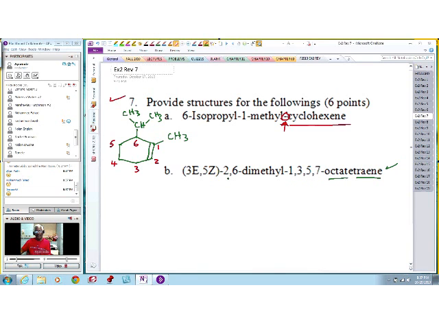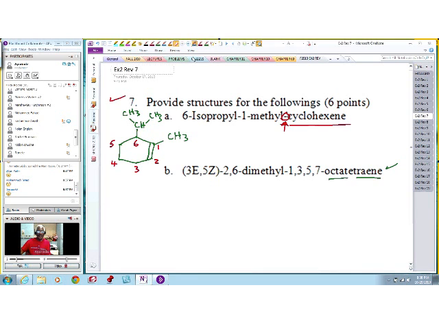And then you have branches in positions 2 and 6. We also notice that the stereochemistry is only in positions 3 and 5 of the double bonds. So that tells you that you do not have stereochemistry in position 1 and 7.